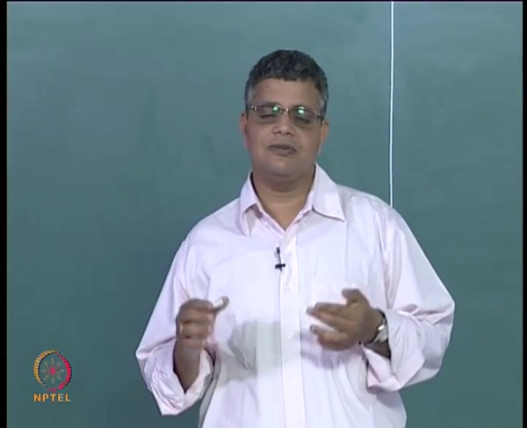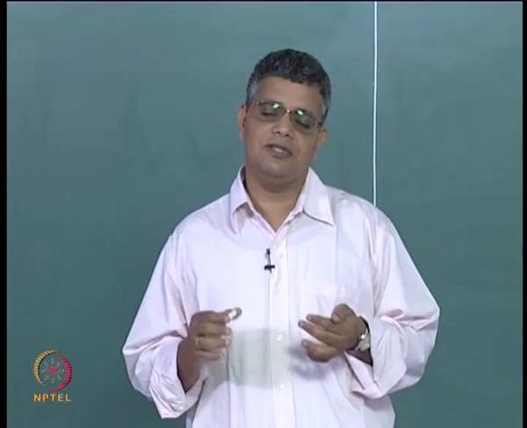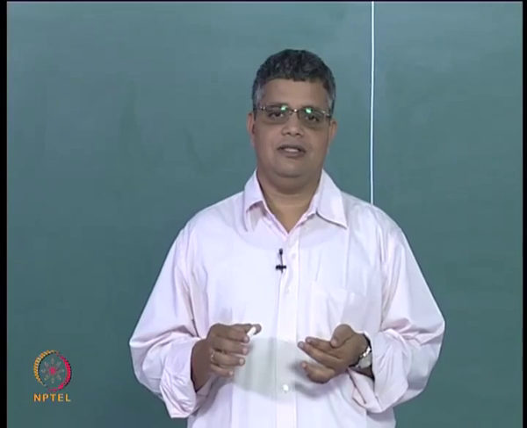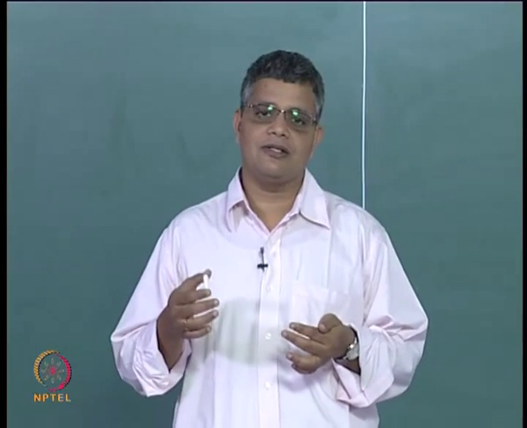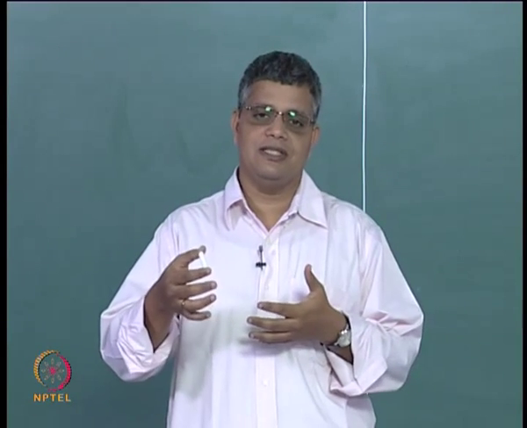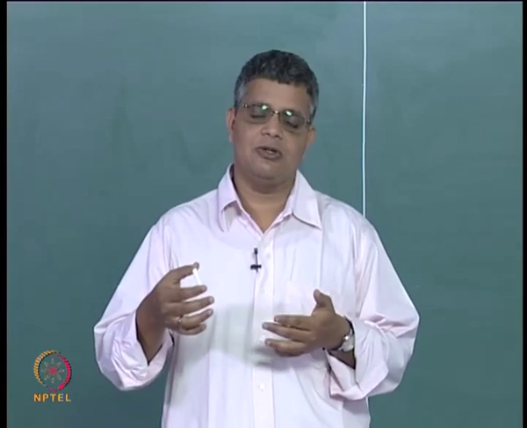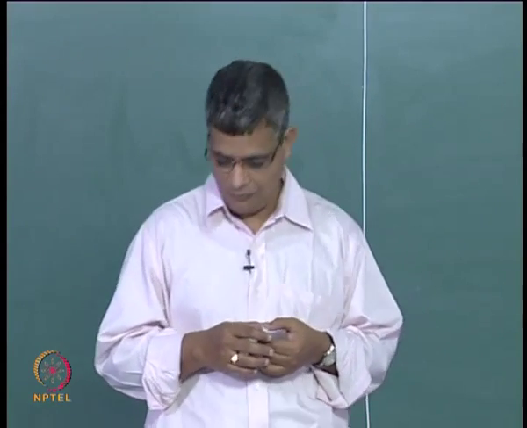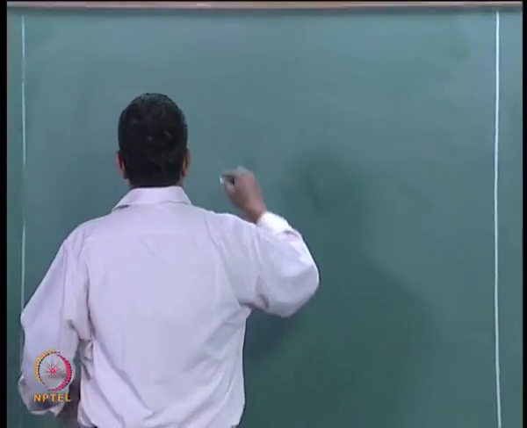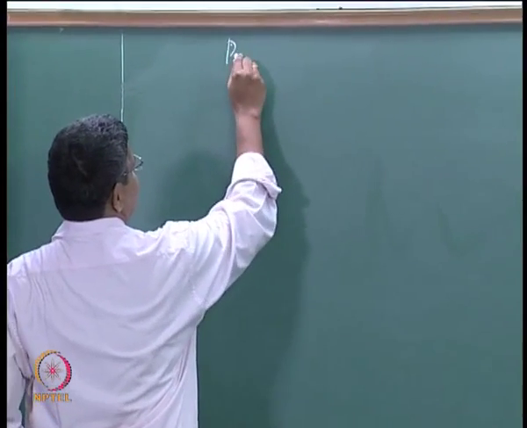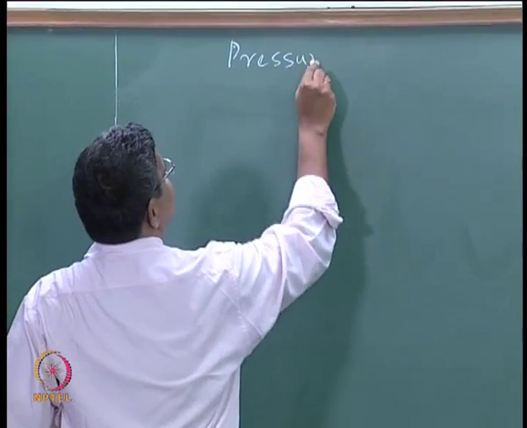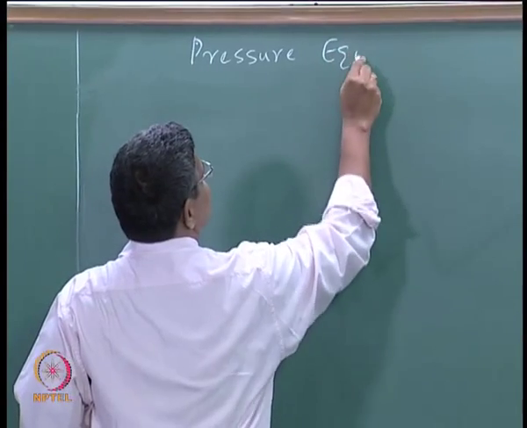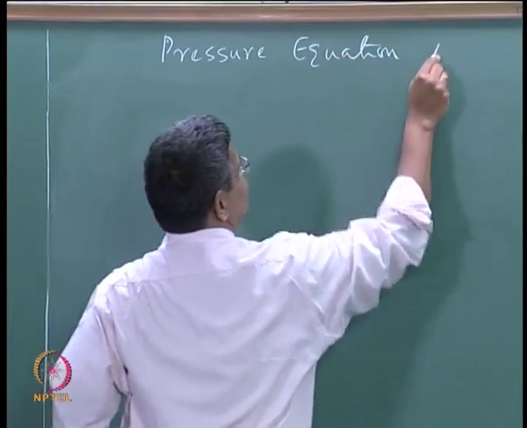So the idea is that we write down the momentum equations, we derive the equation for the pressure, and then we try to come up with an algorithm by which we can implement the solution of these two equations together. So that is what we will do. We will call this the pressure equation approach.